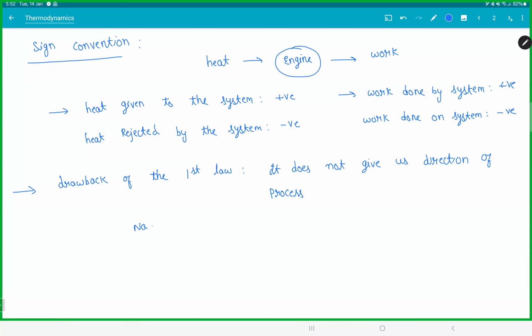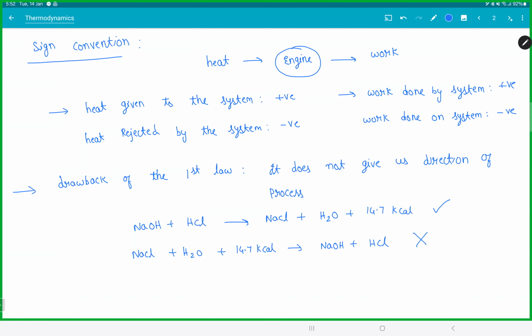If you take sodium hydroxide and put HCl, we get some salt, some water, and also some heat. This is possible. Now, the first law says that if I take salt and water and give heat, technically it's the same, so I should get sodium hydroxide and hydrochloric acid back. This is not possible. So the first law alone can't tell you whether the reaction can proceed or not.